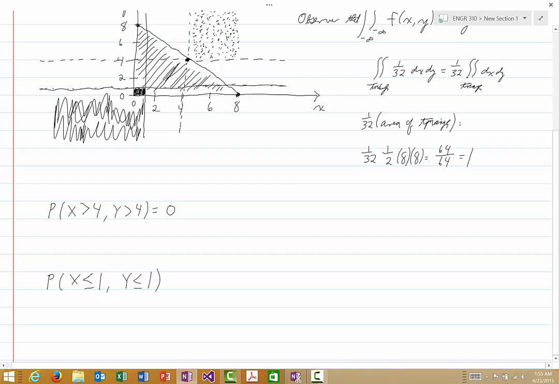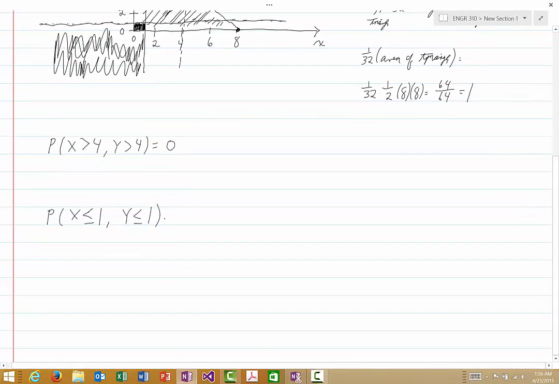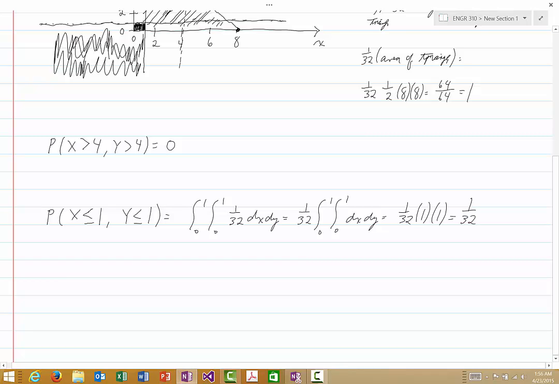So the only part that we have to worry about is this part here that's colored solid, and so we have the integral from 0 to 1, integral 0 to 1 of 1/32 dx dy, and that's 1/32 times the integral from 0 to 1, integral 0 to 1 dx dy, which is 1/32 times 1 times 1, and that will just give 1/32.